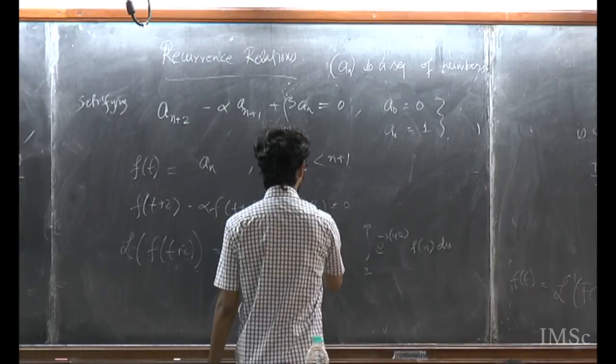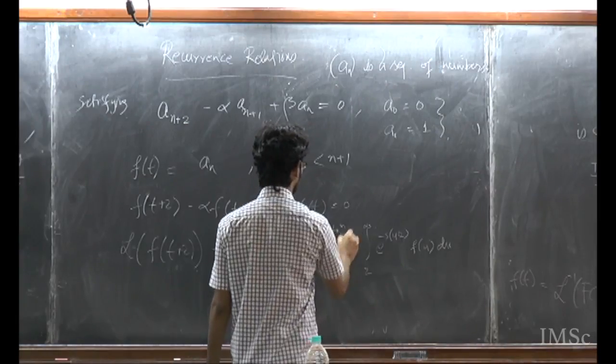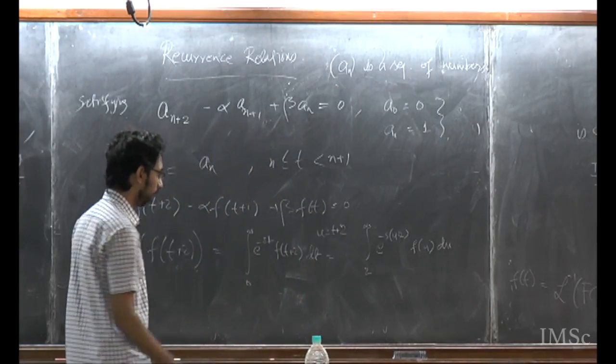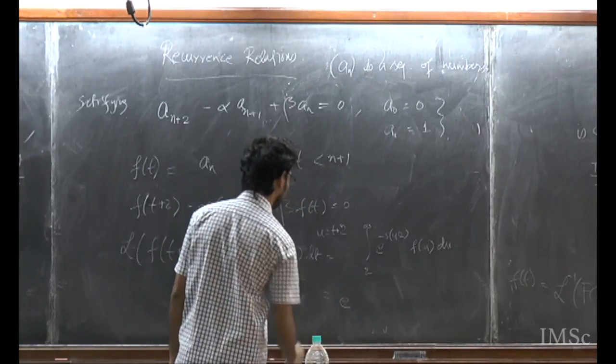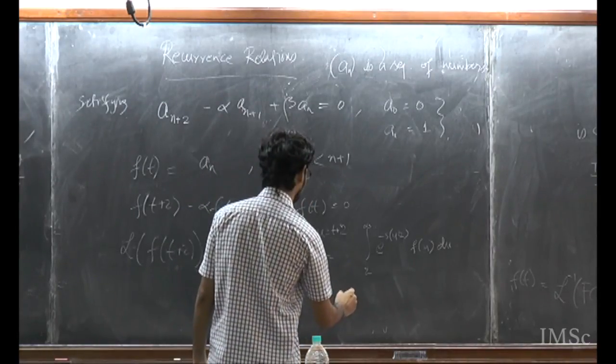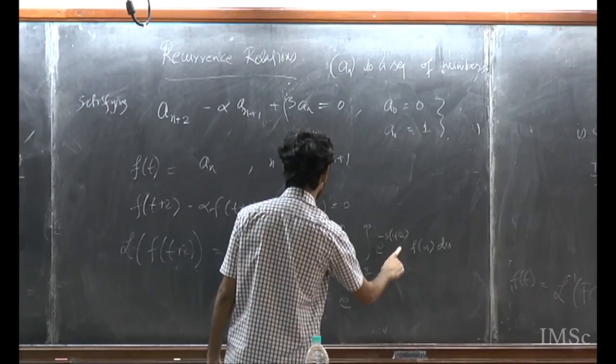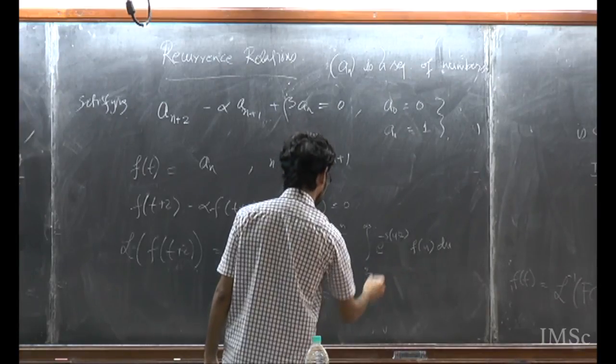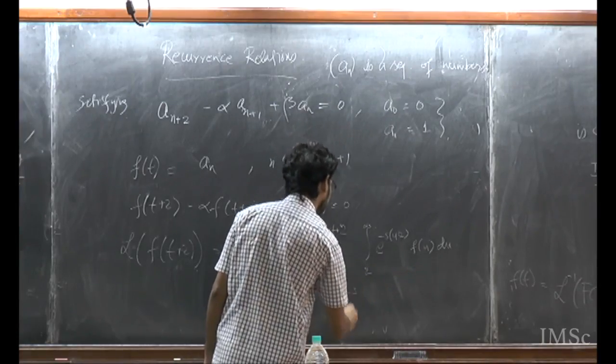I just put u equals t plus 2. So e to the 2s.